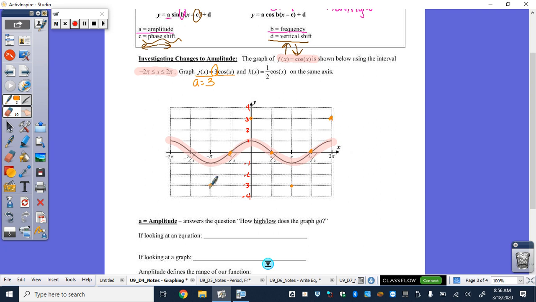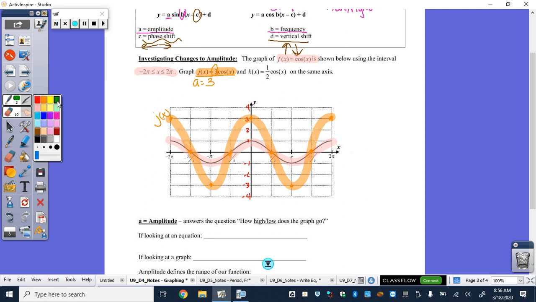And then it would repeat itself over here. So then if I draw those, it's still the same shape. It's just going higher and lower than my first one, f of x, was going. So that is my j of x there. I'll label it j of x for us.